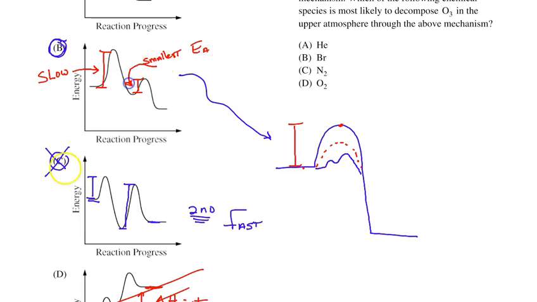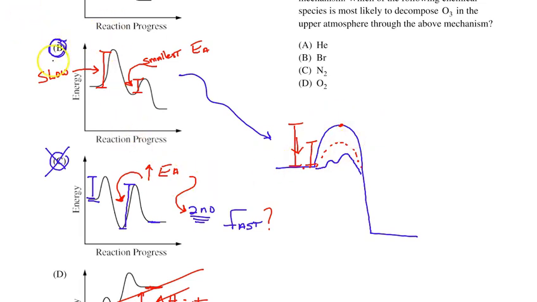Whereas in this example, we have the larger E of A on the second step, and that is just not consistent with the mechanism. If the second is going to be fast, you can't have a faster step with a larger activation. As activation energies drop or get smaller, the reaction goes faster. Less energy is needed, okay, to overcome the activation energy for the same temperature.